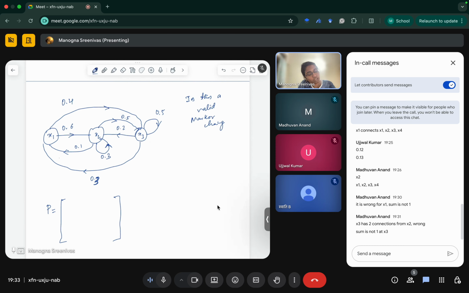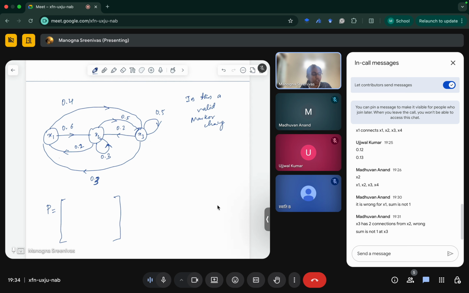At x2, what are the outgoing directions? So I have 0.5 here, and there's one more self loop. 0.5 plus 0.3 is 0.8, and I have one more here. It sums to 0.9. It doesn't sum to 1, right? So it is not a valid chain.